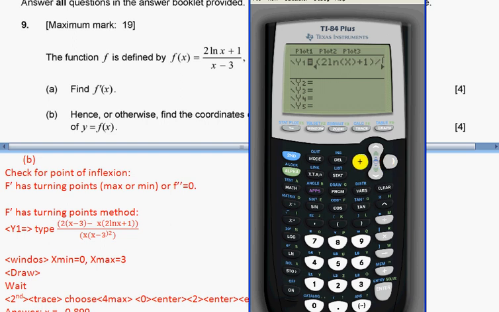Divided by bracket x minus 3 squared, and I don't see x times.